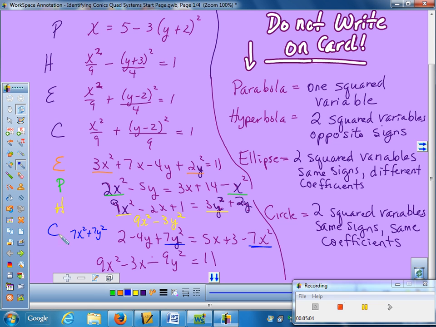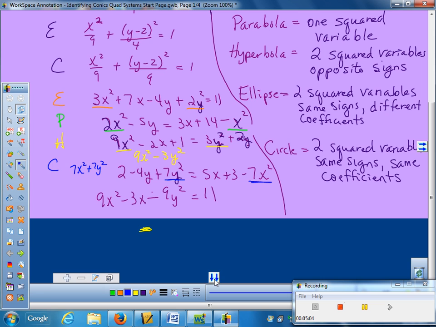It's an odd one. Okay, so it has two different squares. One's a negative, one's a positive, but they're the same number, same coefficient. It doesn't matter. If they have different signs, if they're subtracted, it's a hyperbola. Because with hyperbolas, it doesn't matter whether the coefficients are the same or not.